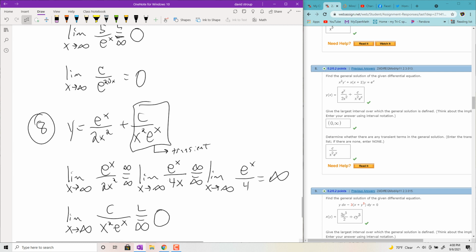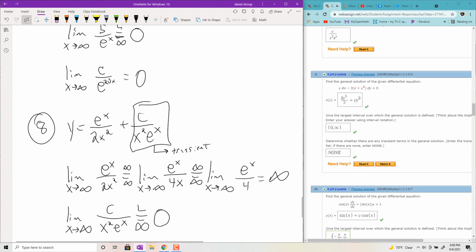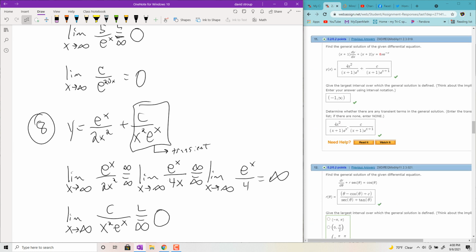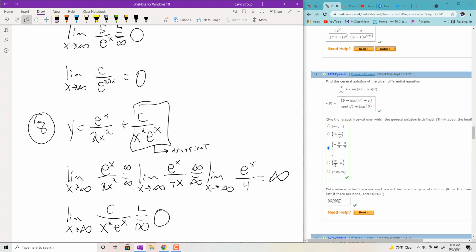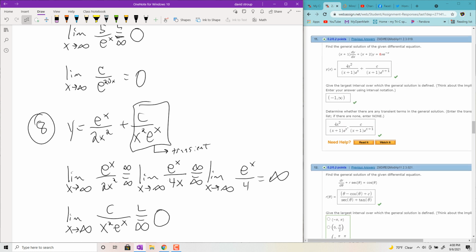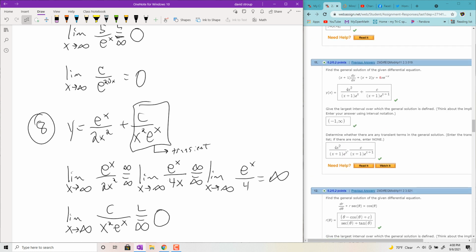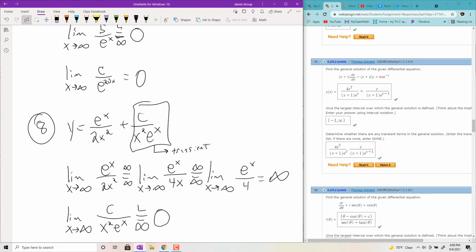Okay. Usually you could tell which one is going to be transient. So this one doesn't have any transient terms because you'll have a constant on top, and then something variable in the denominator. So in this case, you might have to do L'Hopital's, but at the end of the day, the e to the x in the denominator is going to go so much faster than 4x squared that it's going to be transient.